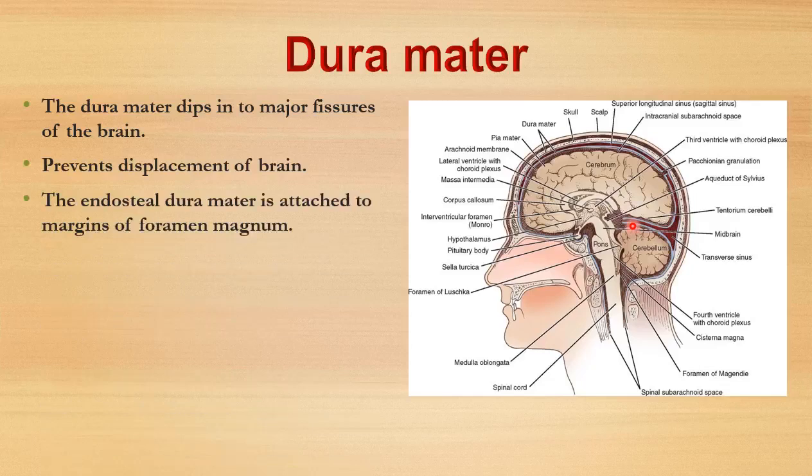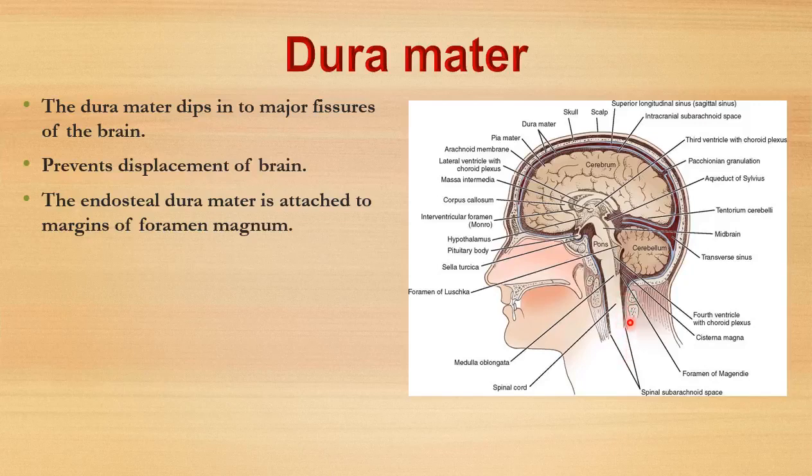Because of that, it prevents mechanical displacement during various movements, so it is protective in nature. Now the endosteal layer, as you trace it, is attached to the margins. This double layer you don't see below because along the foramen magnum the endosteal layer attaches. Only the meningeal layer continues into the spinal cord.